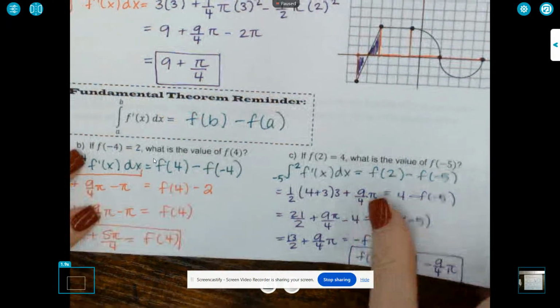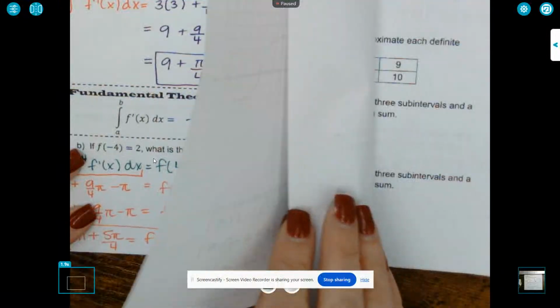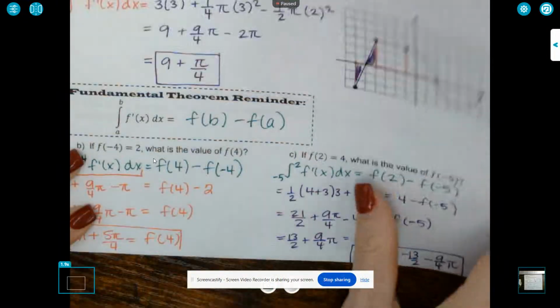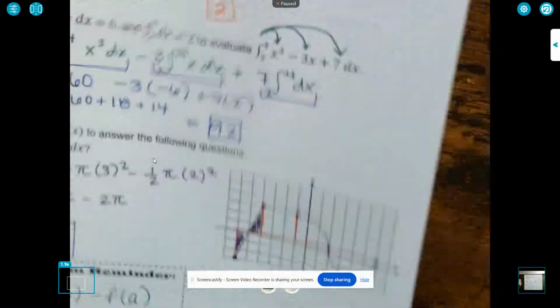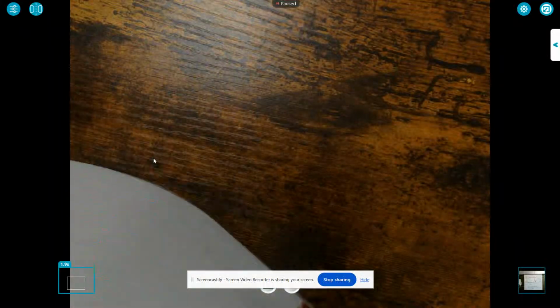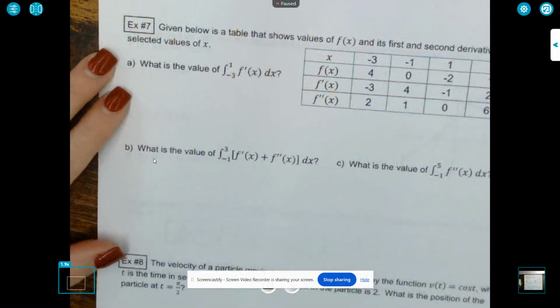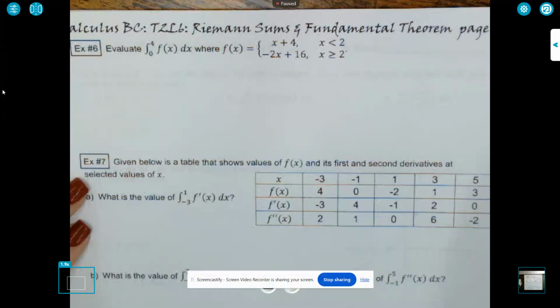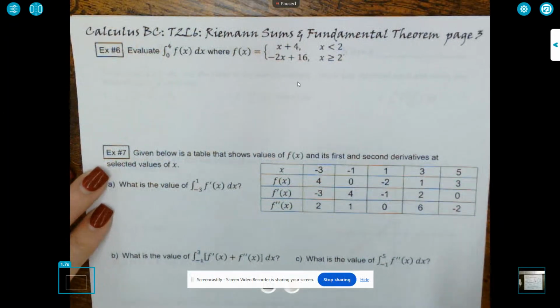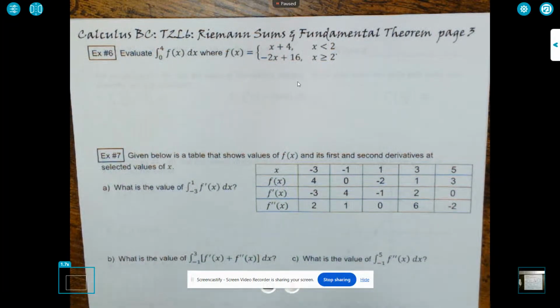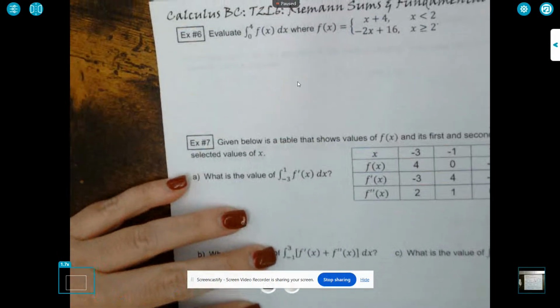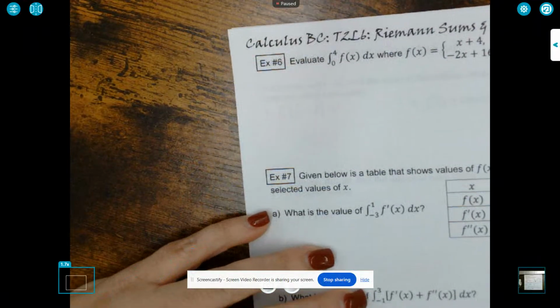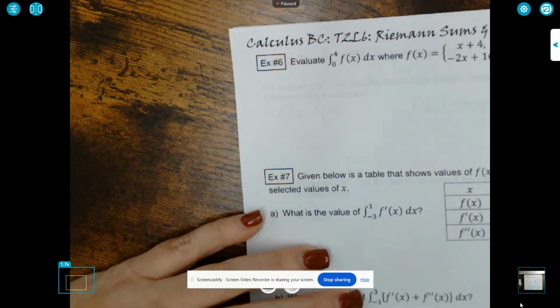All right. So, oh wow, there's only 3 pages today. Okie dokie. Evaluate from 0 to 4. Now we've got a piecewise function, but we're evaluating the fundamental theorem from 0 to 4. Okay. So you've got to look at your little pivot point here. So notice our pivot point is happening here at 2.